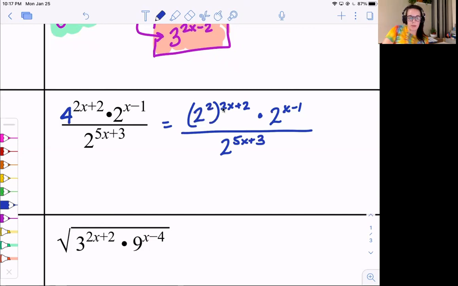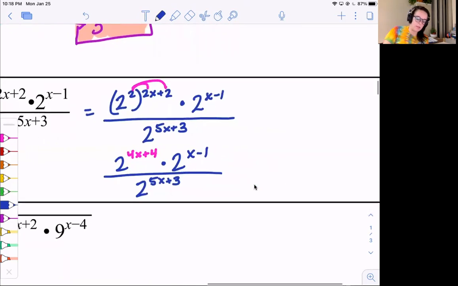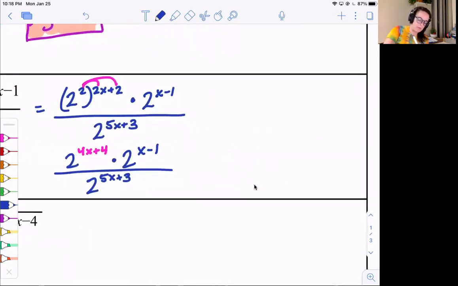That means I have a power to a power. I'm going to go ahead and multiply in. So I would have 2 to the power of 4x plus 4. Still have the 2 to the x minus 1 over the 2 to the 5x plus 3, like so. From here, I'm using the same rules that I had from above.